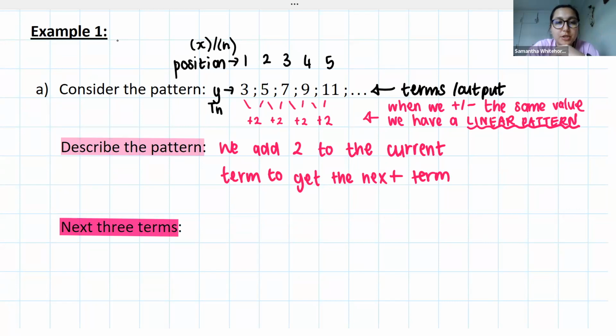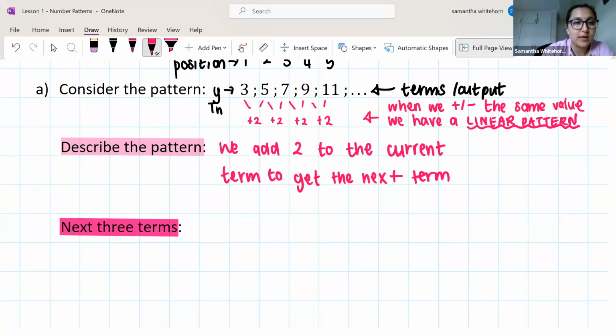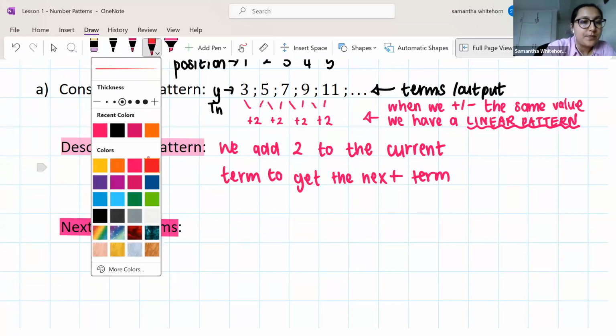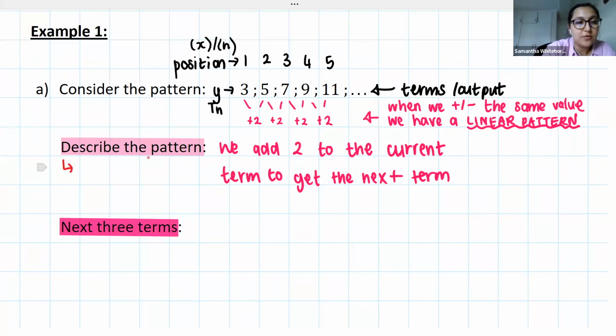Okay, so our description is looking at how we get from one output value to the next. I just want to write that down. So a description, if I ask you for one, is how we get from one output value to the next.